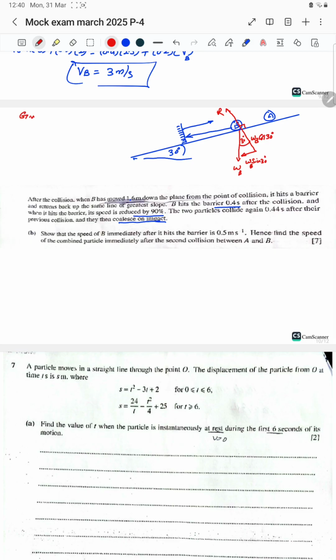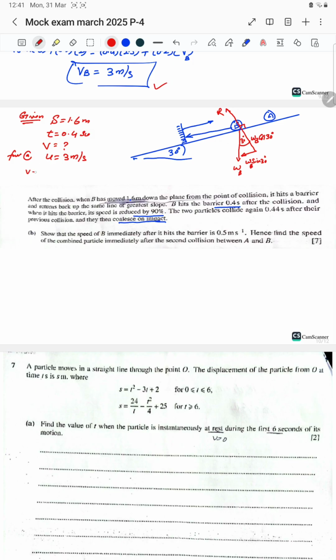Given s is 1.6 meter down, B moves after collision, and the time it takes to collide is 0.4 second. With which speed, we don't know. Initially it was coming with 3 meter per second, from part A we get this.